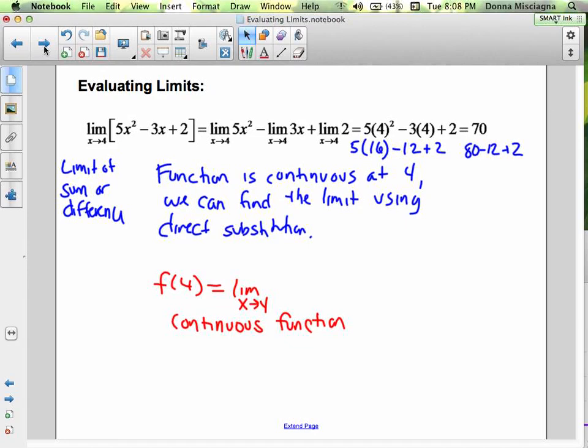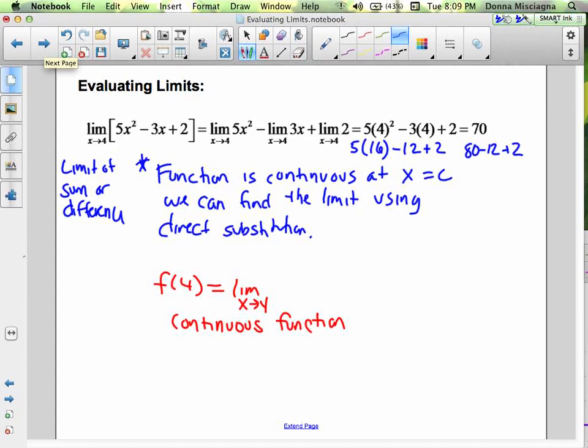All right? So let's put at x equals c. So now I can use this for anything. In your notes somewhere, if a function is continuous at x equals c, we can find the limit using direct substitution.